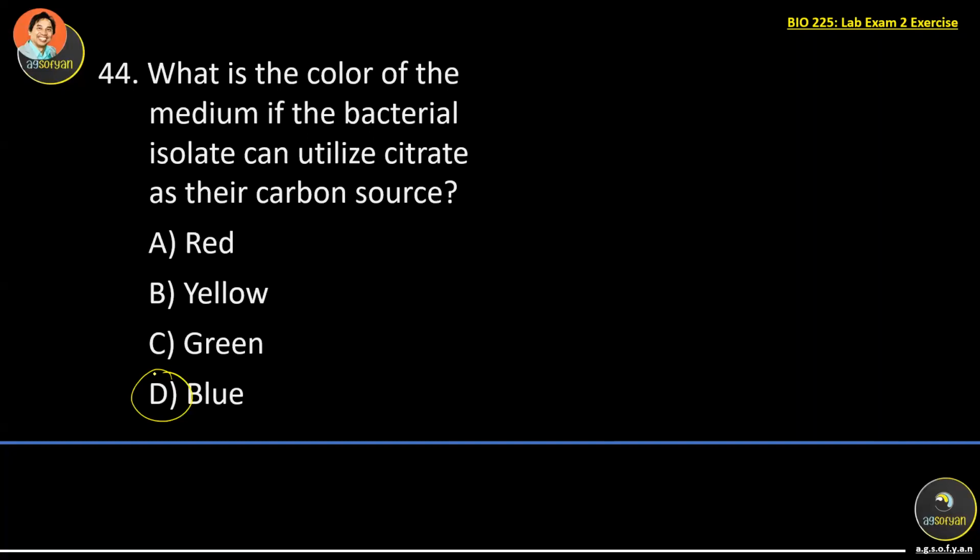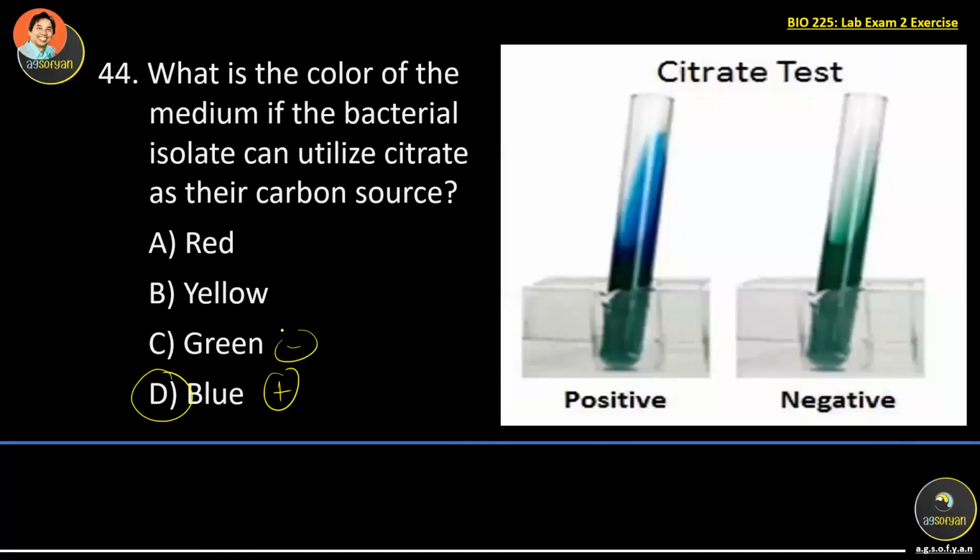So blue means positive. Negative will be green. As you see over here, this is blue, positive, and green, negative result. So from green to blue.